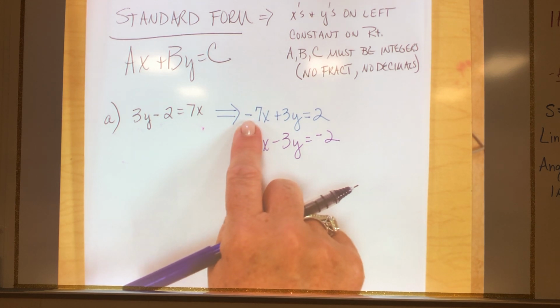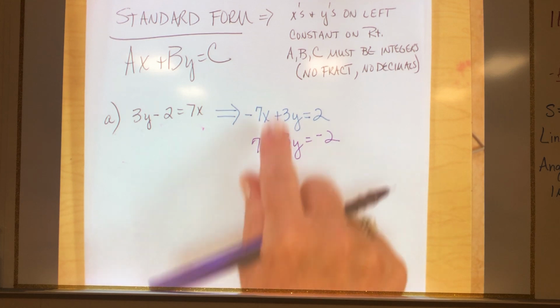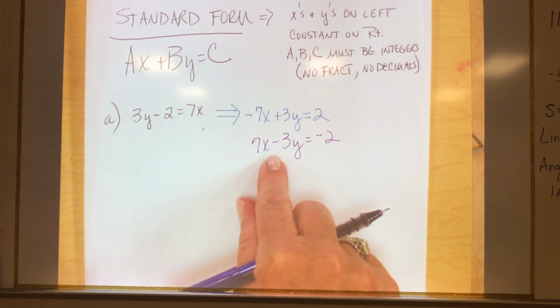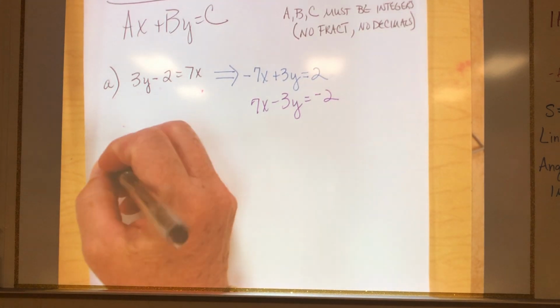They just don't like it, they think it doesn't look good, so they just change everybody's sign. If you graphed both of these lines, they would both be the exact same thing. Anybody got a question? Okay, so here's the next problem.